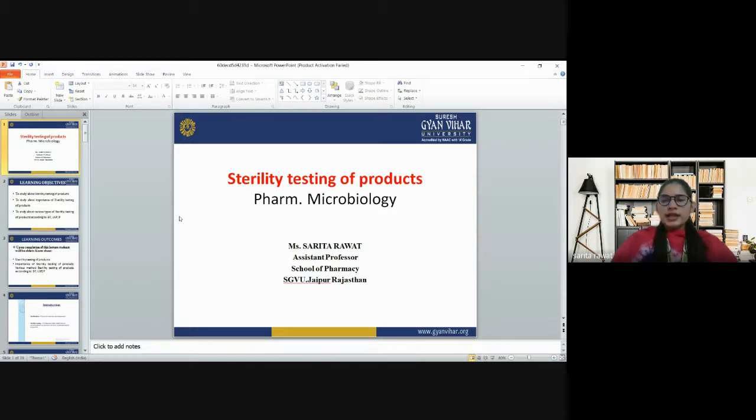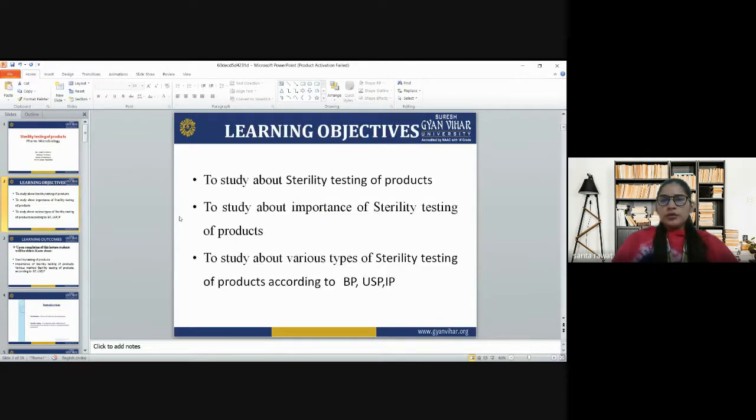Today is our next lecture of Pharmaceutical Microbiology. Today our topic is sterility testing of product. Before starting the lecture, the learning outcome of today's lecture is to study about sterility testing of product, to study about the importance of sterility testing of product, and to study about various types of sterility testing of product according to the BP, USP and IP.